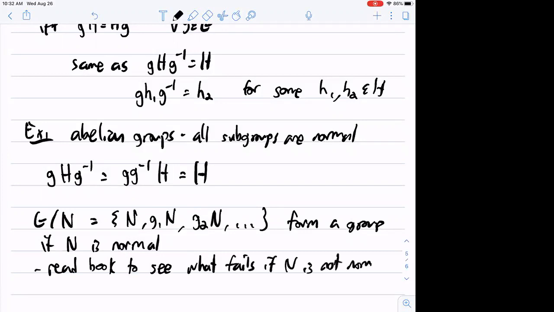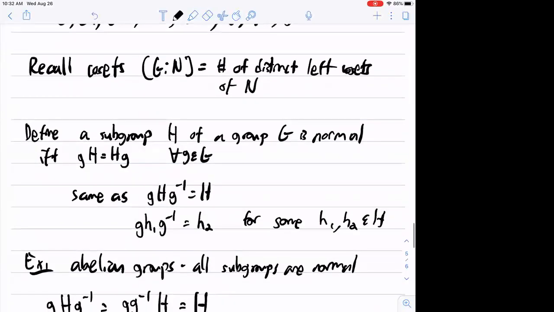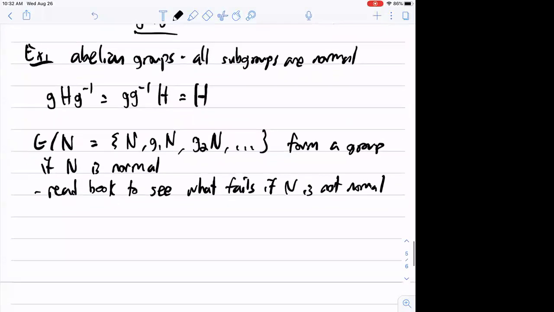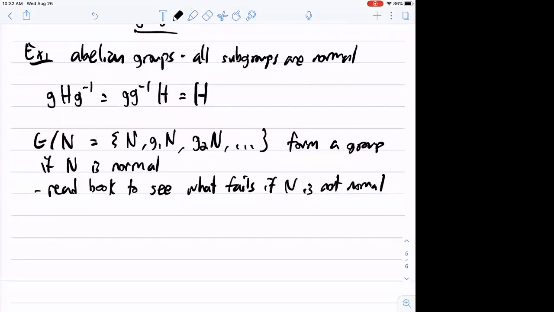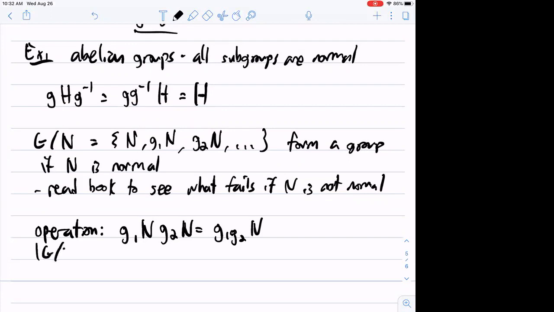You could think of normal in two ways: either the left coset is equal to the right coset, or when you conjugate, you remain the same. I'll leave it there. And the operation is clear: g1N times g2N, we define this to be g1g2N. And clearly the order of this group is the index, which we defined last time.